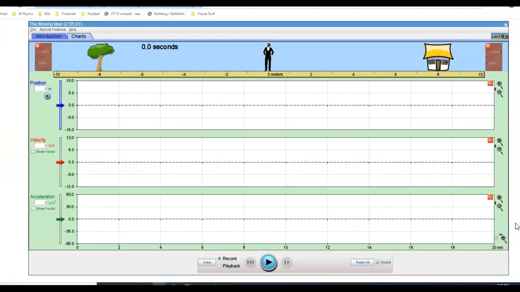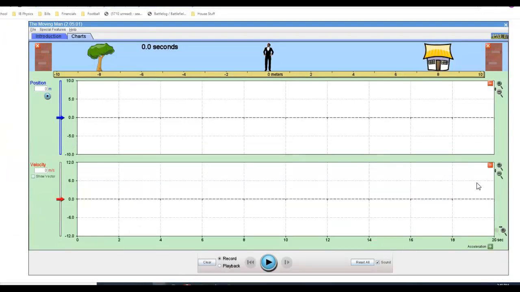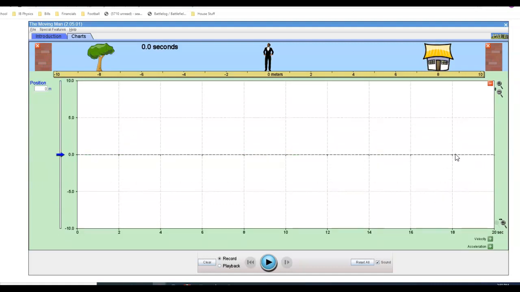So, for example, let's take a look at our favorite simulation, which is the moving man. Okay, so I'm going to move this guy back and forth, and this is a position time graph. And what you'll see is as I move him back and forth, okay, the blue graph represents his position.